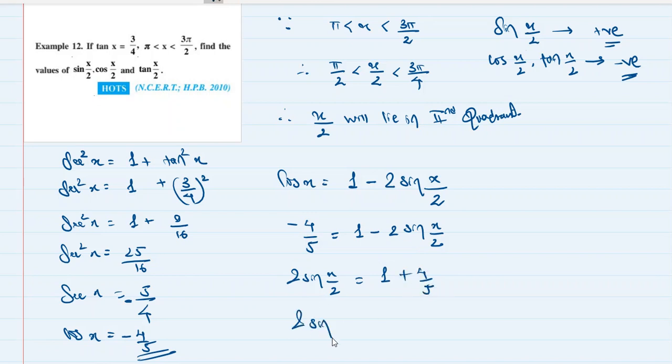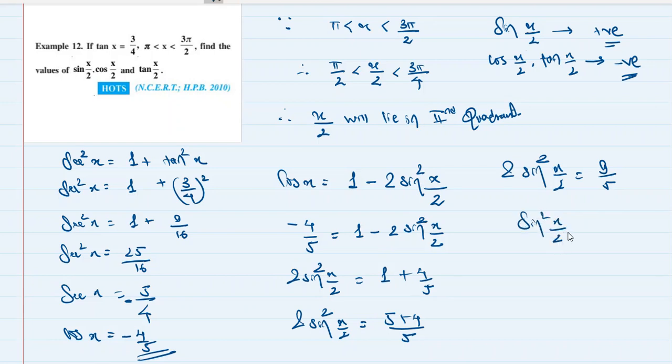So 2 sine square x by 2 is equal to 5 plus 4 by 5, that is 9 by 5. Why didn't I write the square over here? I'm sorry, this is a square. Now this 2 will go in the denominator, so we get sine square x by 2 is equal to 9 by 10.